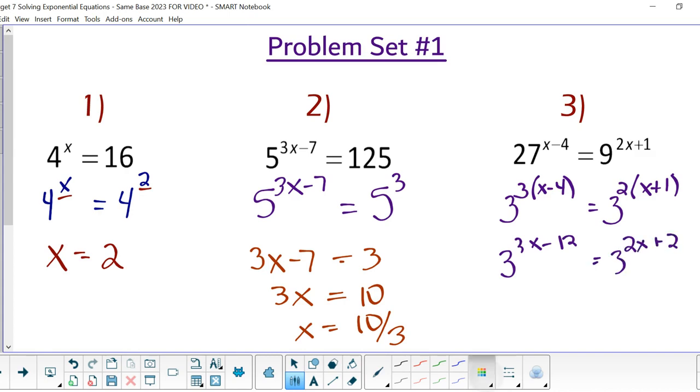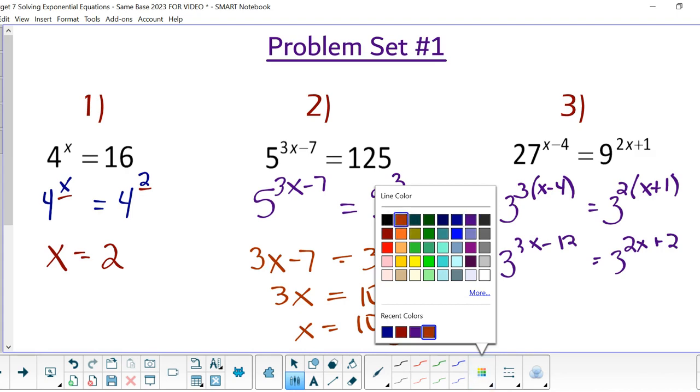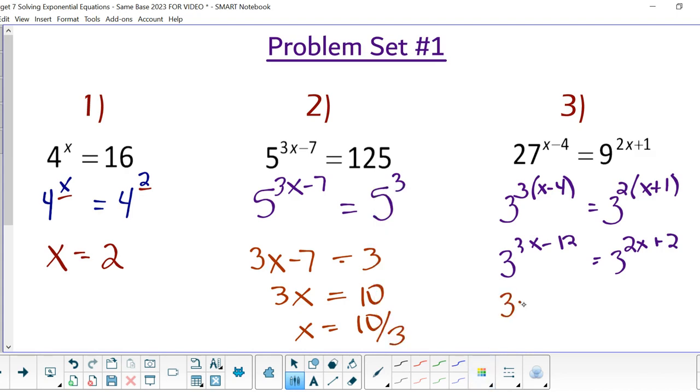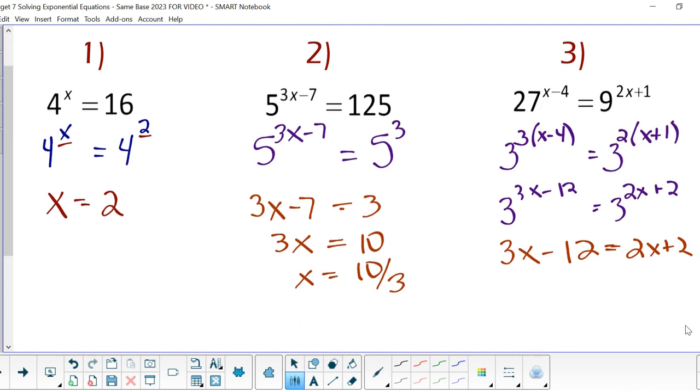And now we have same bases, so we can set the exponents equal to each other. So 3x minus 12 equals 2x plus 2. Subtract our x and add our 12. And so you get x equals 14.